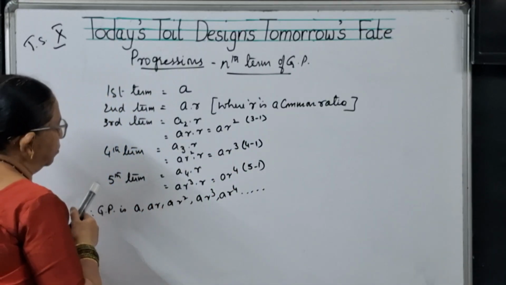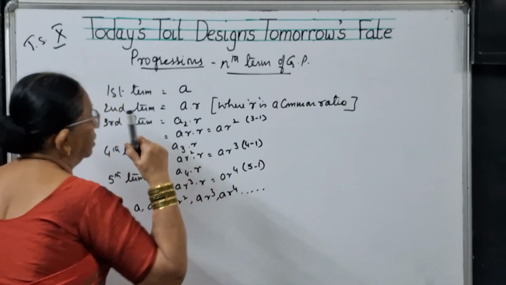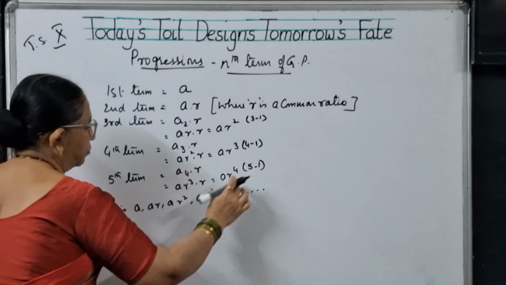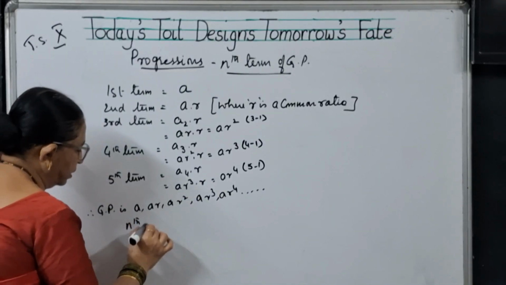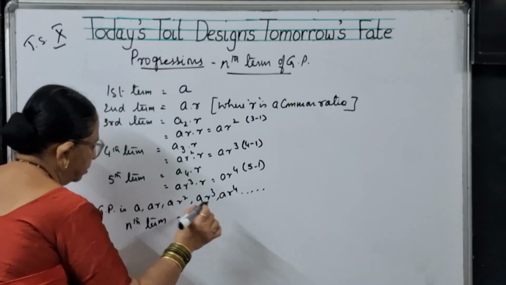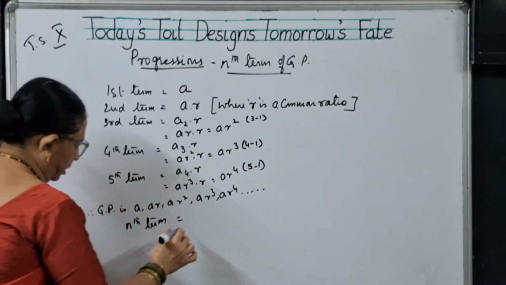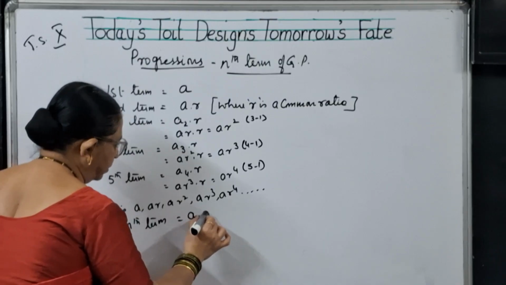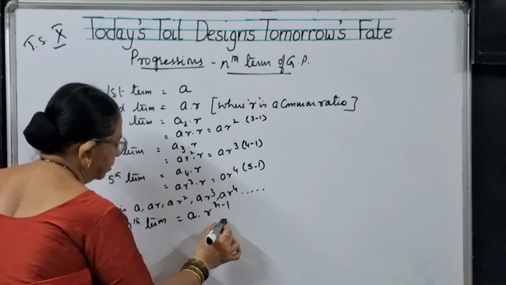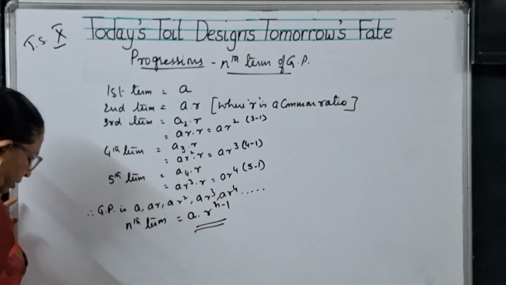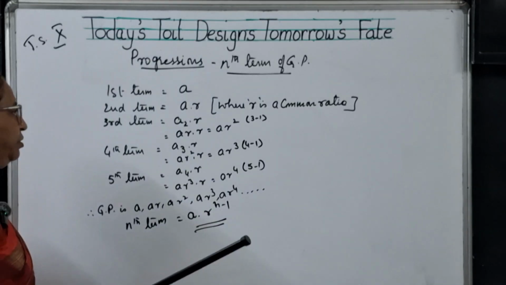That means whatever is the term number, that minus 1 is the power in the formula for that particular term. So the nth term can be written as A into R to the power of n minus 1. This is the formula that has to be used to find the nth term of a GP, children.